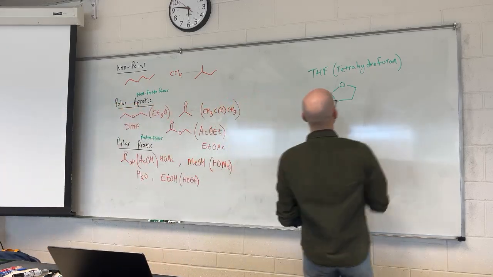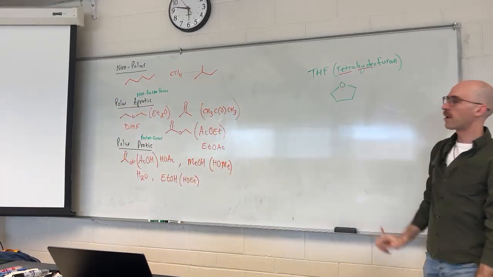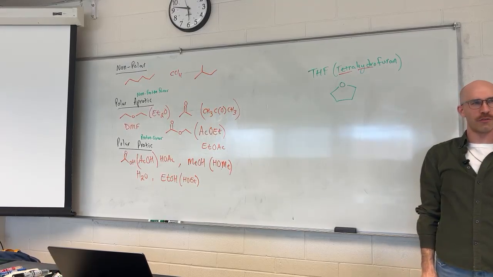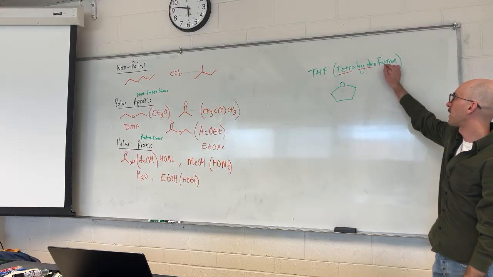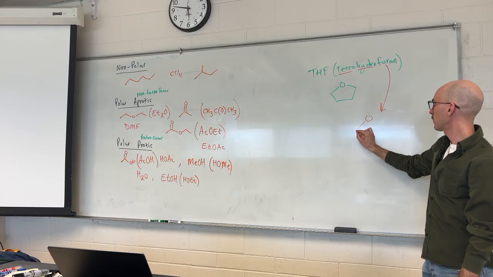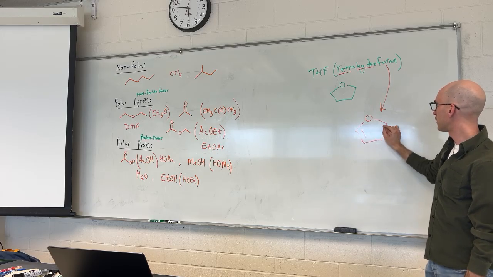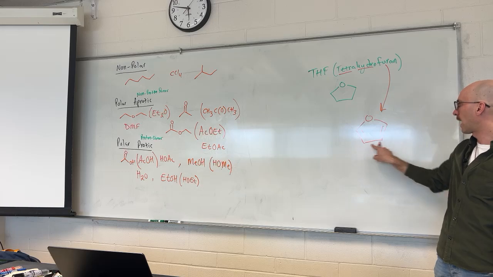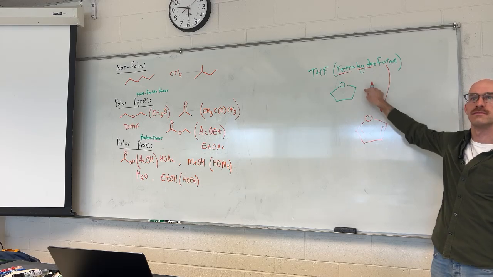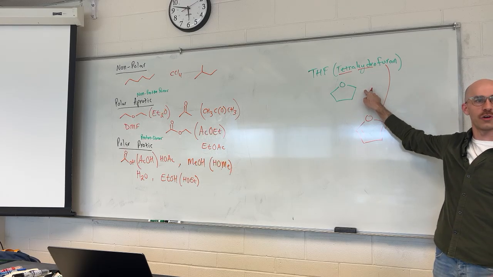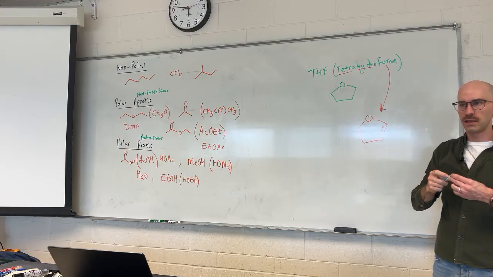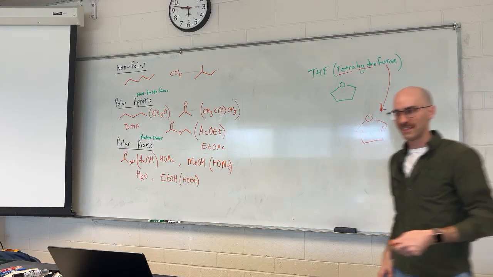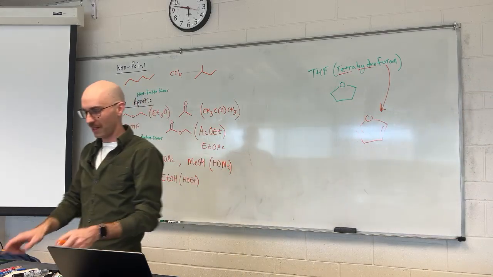And if you're curious where those 4 hydrogens come from that get added on to furan, this is furan. And if I add a hydrogen at each of the 4 positions, I get tetrahydrofuran. We love names that mean nothing, like furan. What does furan mean? I don't know.